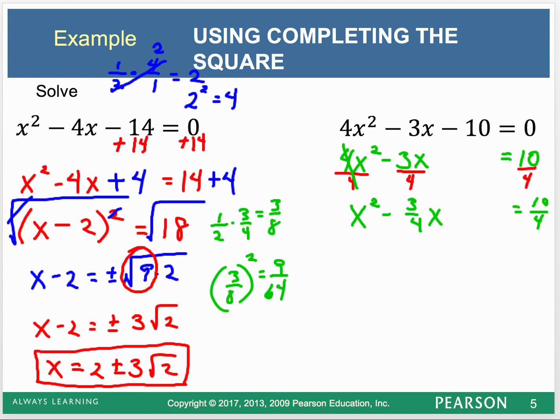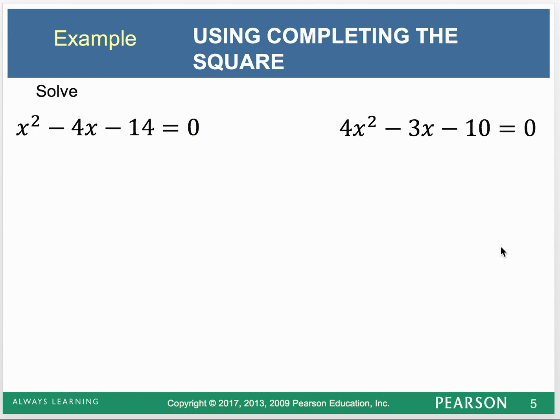Oh shoot, I didn't mean to erase the whole thing. All right, let's start over. We've got to add 10 to both sides. We've got to make the leading coefficient 1.